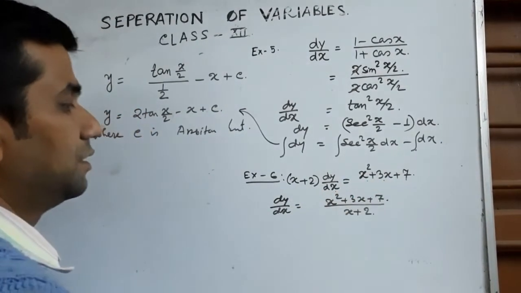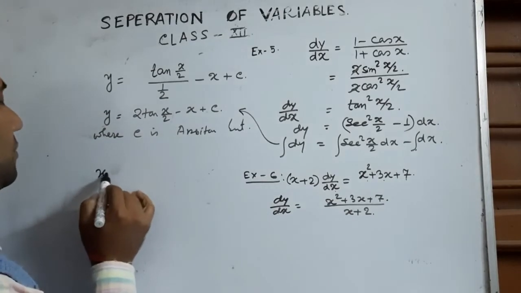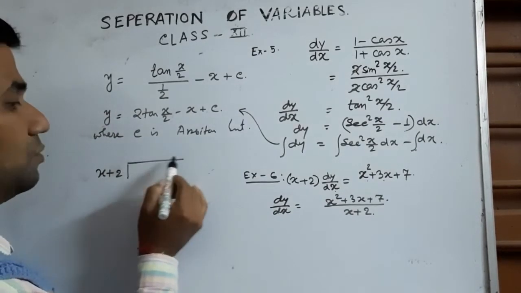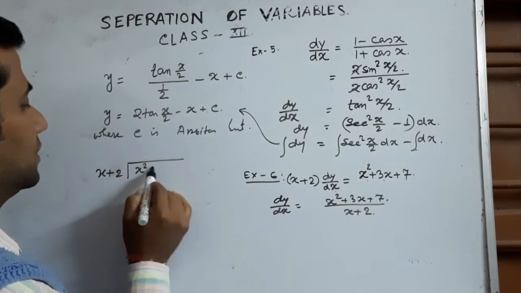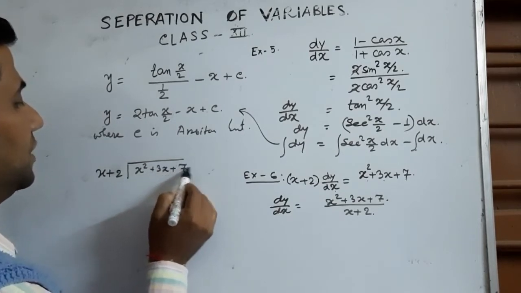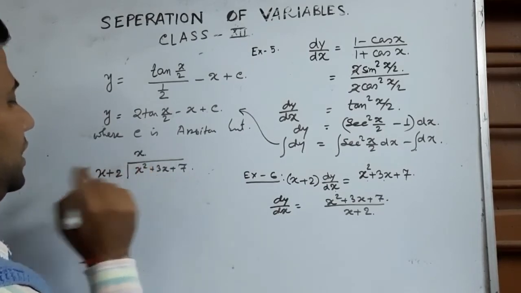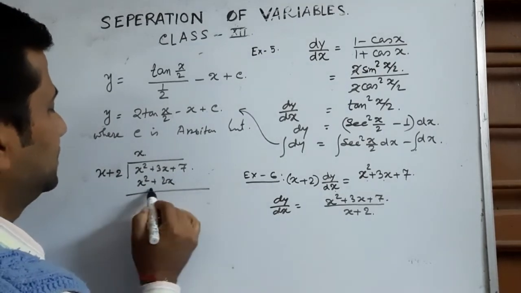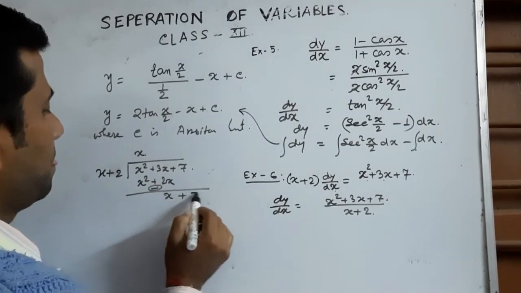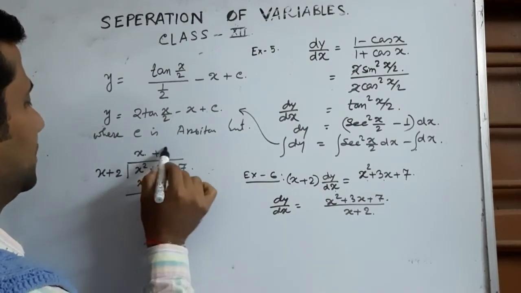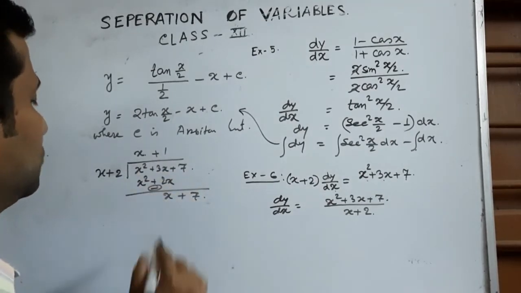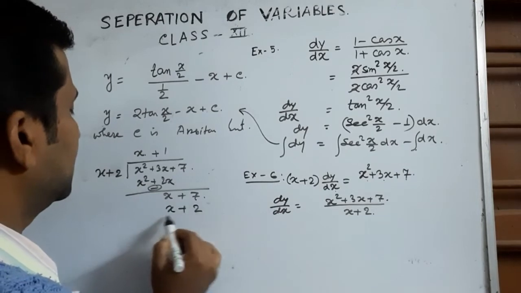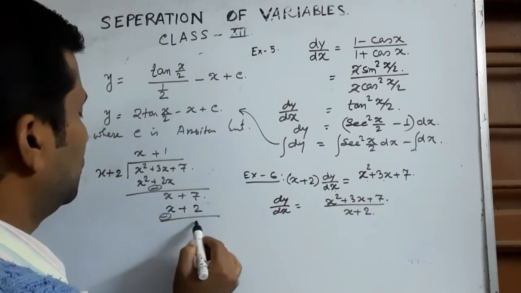Now if we divide x square plus 3x plus 7 by x plus 2, putting here x, we get x square plus 2x. That means x plus 7, plus 1, that means x plus 2.